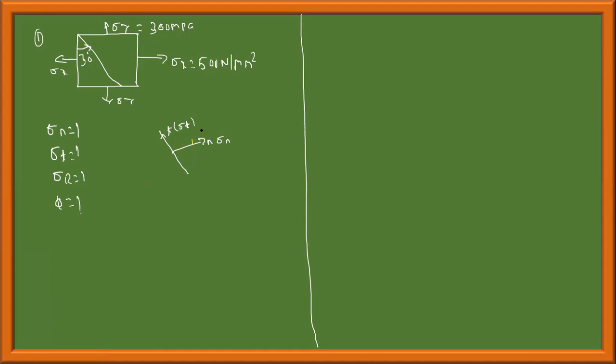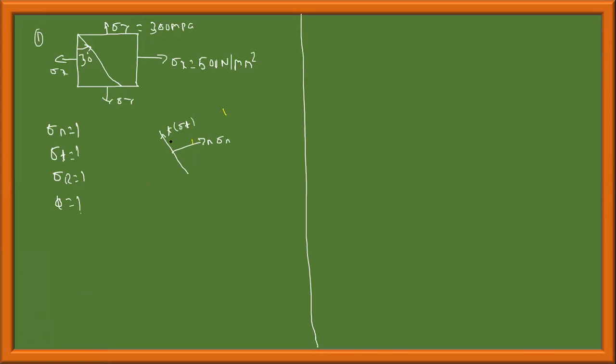This is the resultant, which is making angle phi. If I resolve it, this is sigma n and this is sigma t. I can write tan phi is equal to sigma t by sigma n, or phi is equal to tan inverse of sigma t by sigma n.